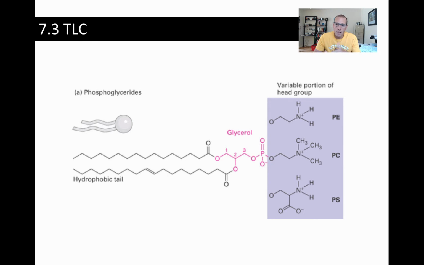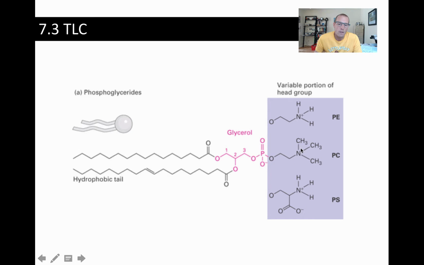And that's going to give us a little bit of a clue about the structure of the membrane and therefore what functions might be happening on that membrane. So before we look at just a technique very quickly, let's just kind of review. Here's our phosphoglyceride, here's our phospholipid, here are two hydrophobic tails, there's our glycerol in pink that we're familiar with, and then here I'm just showing you the different head groups for three different types of phosphoglyceride: phosphatidylethanolamine, if we put this ethanolamine here, choline, so we make phosphatidylcholine, and then serine.